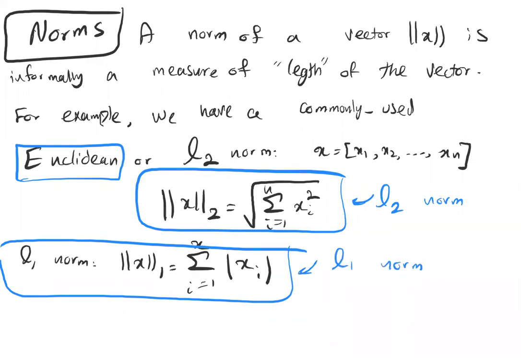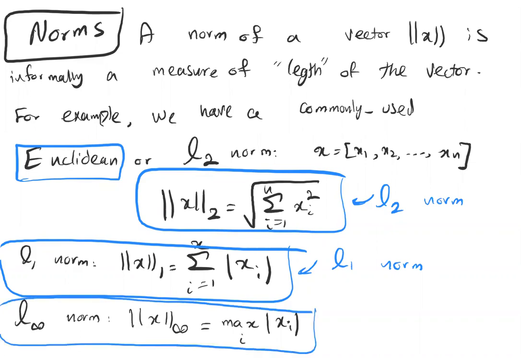Also, we define L infinity norm as the maximum value of absolute values of x sub i over i. So what does the infinity norm mean? The largest absolute value of all elements of x.